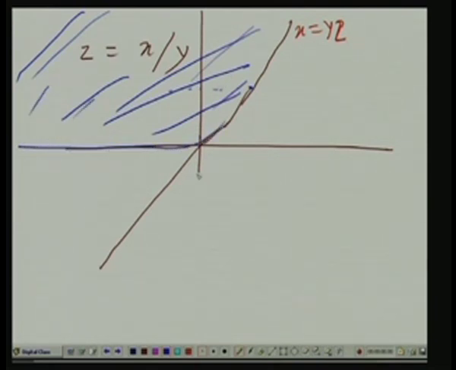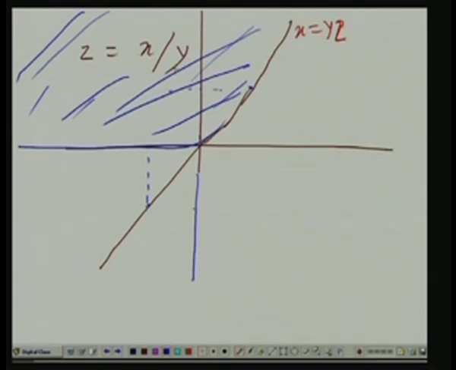And when y is negative, then what happens? If y is negative, say I am here, this much is x. For any negative y, this is x, this is y. So, that x by y is a positive number capital Z, negative x, negative y. If I go further to the left, x becomes more and more negative, which means x by y, negative here and negative here, they cancel.